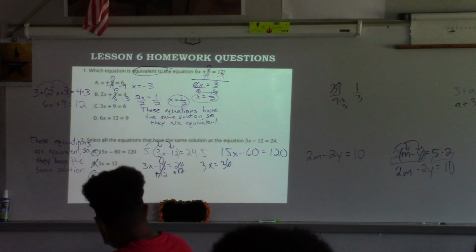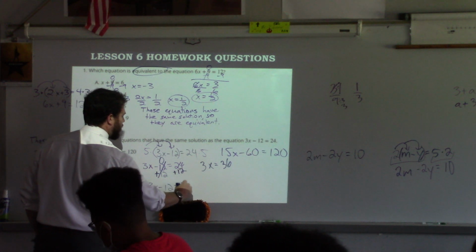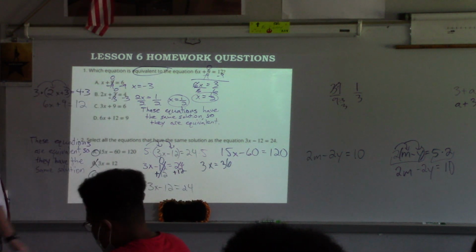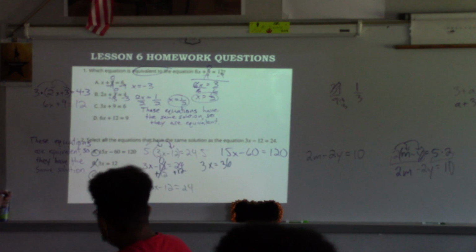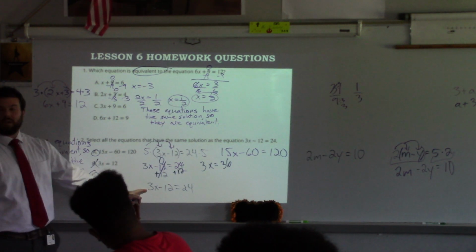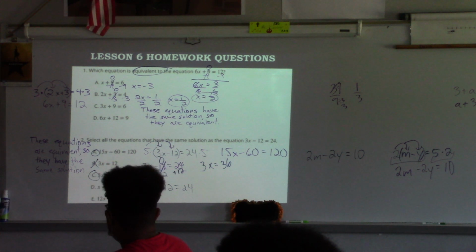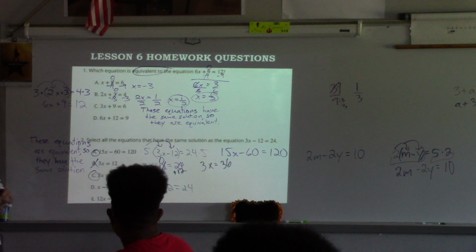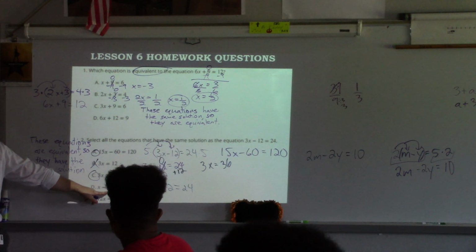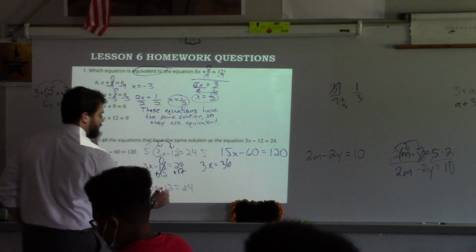Okay, so how are we going to go from 3x minus 12 equals 24 to x minus 4 equals 8? Divide by 3. 12 divided by 3 would be 4, wouldn't it? Let's see if it works.